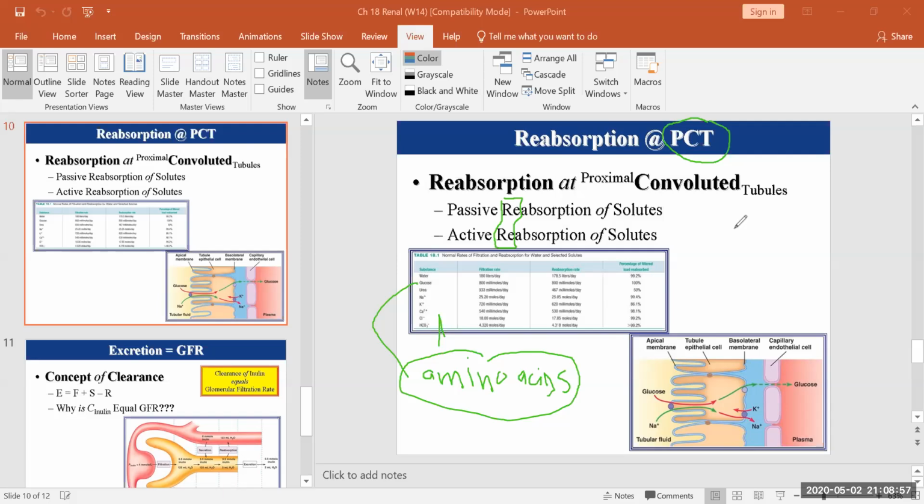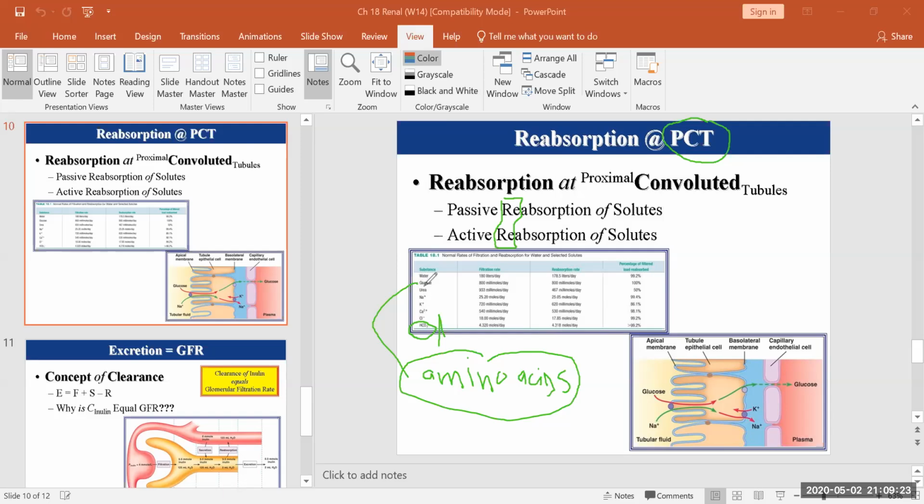Most of the sodium will be reclaimed by the PCT as well, including bicarbonate. Bicarbonate is an extremely important chemical that we will get to know in more detail in the next recording, not only as a buffer, but we'll talk about that later.